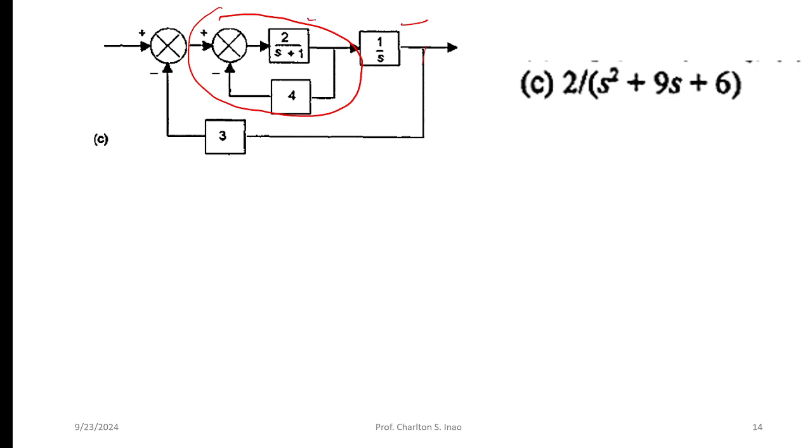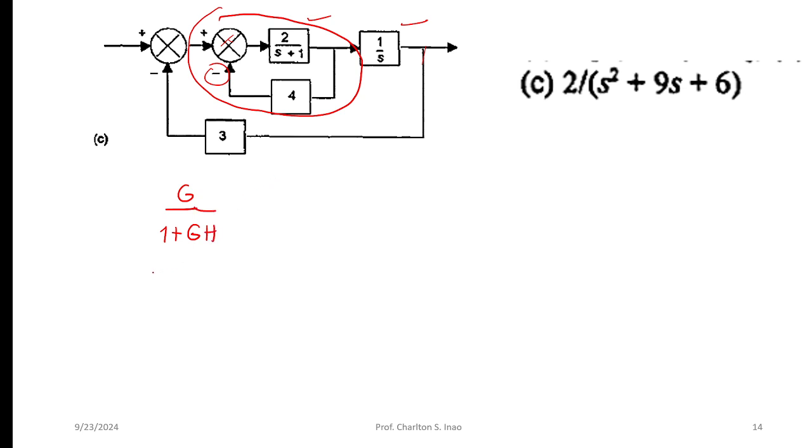So we need to simplify this to eliminate the summing junctions. And how do we do that? We're going to copy this. The standard format is G over, look at the sign. If it's negative, then just the reverse. 1 plus GH.